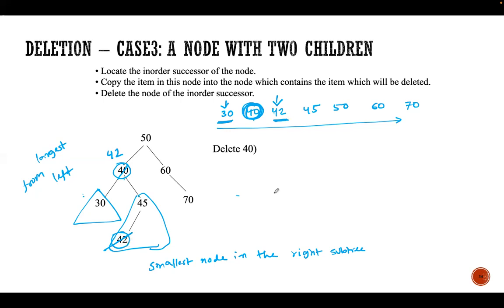So we copy the value 42 into the node 40, and we delete the node 42. After we delete the node 42, which is a leaf node in this example, the left pointer of node 45 is going to point to a null pointer.